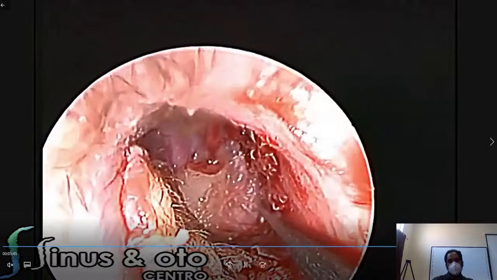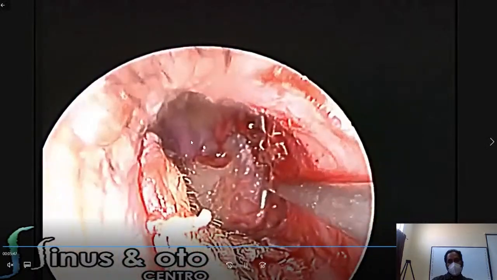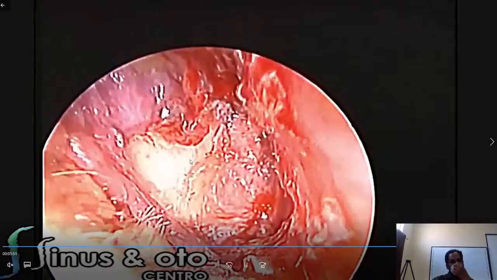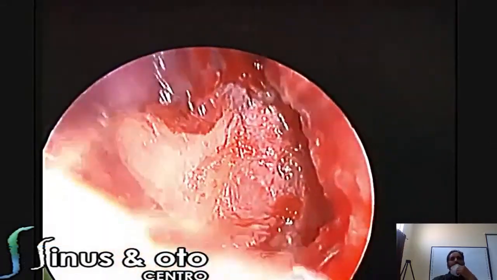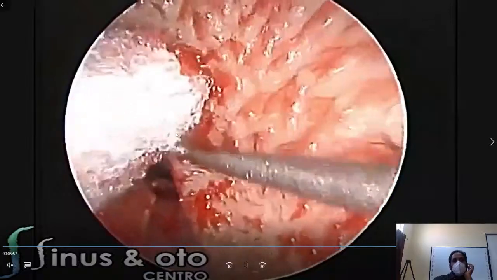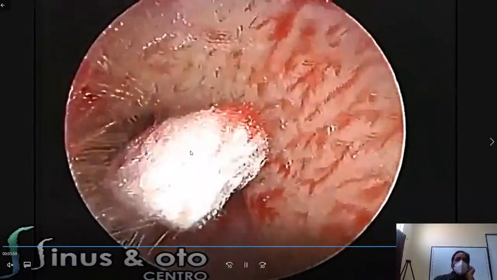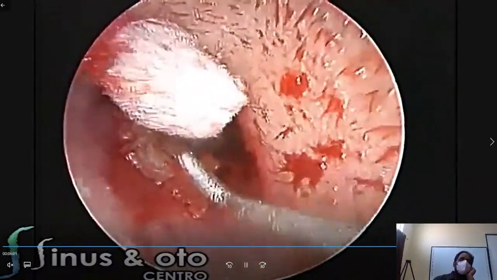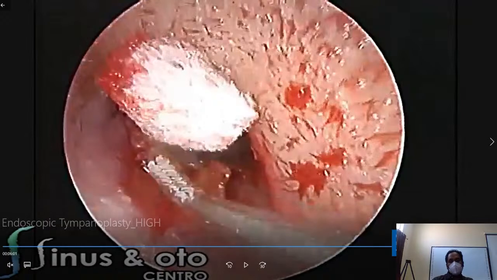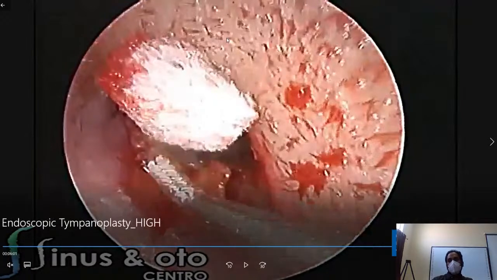See, this is the graft which the surgeon is trying to keep medial to the handle of the malleus. Then again a gel foam should be taken and placed over the graft. Okay, and then the external auditory canal should be packed with gel foam. So this is tympanoplasty. Clear?